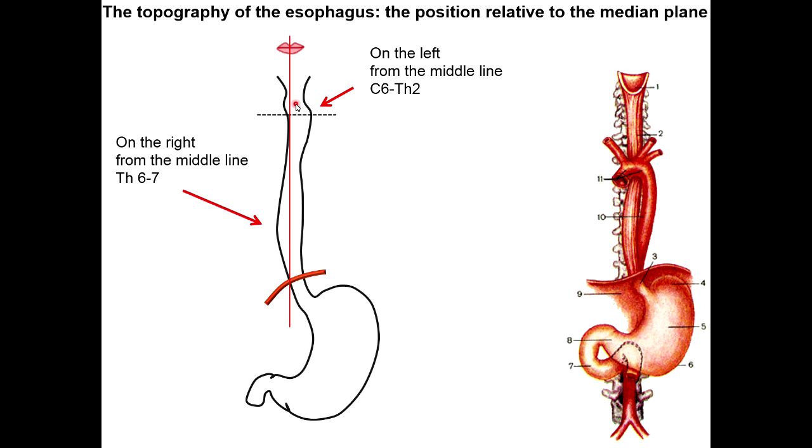And here at the level of thoracic 6 and thoracic 7 vertebrae we can find the esophagus on the right from midline.